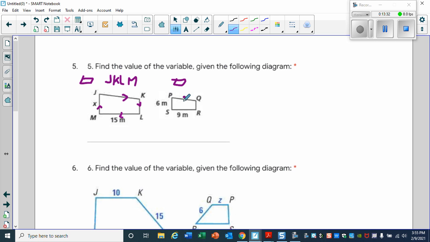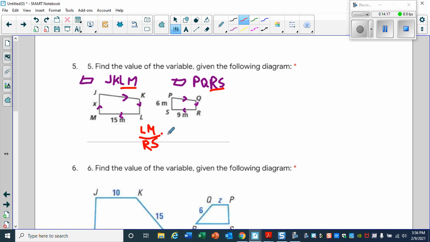And then you have P, Q, R, S. Now, we have L to M. This side right here is L to M. And L to M corresponds to R to S. So those two correspond to each other.